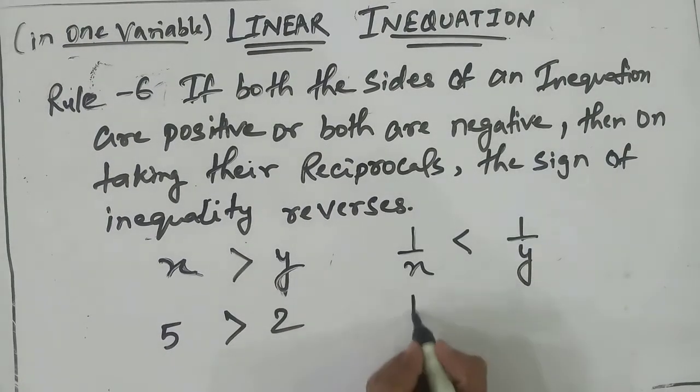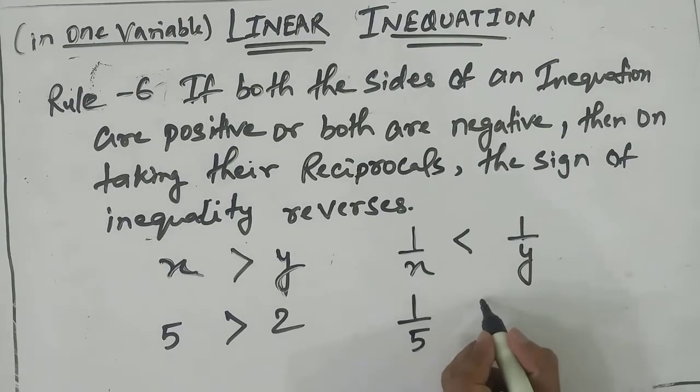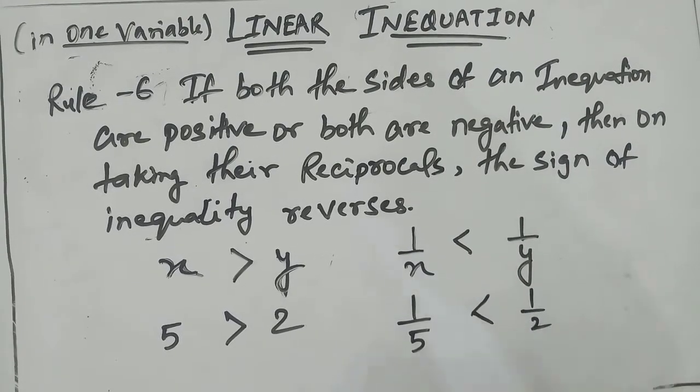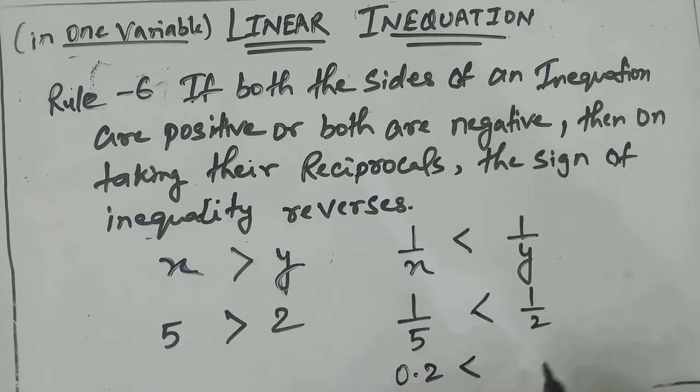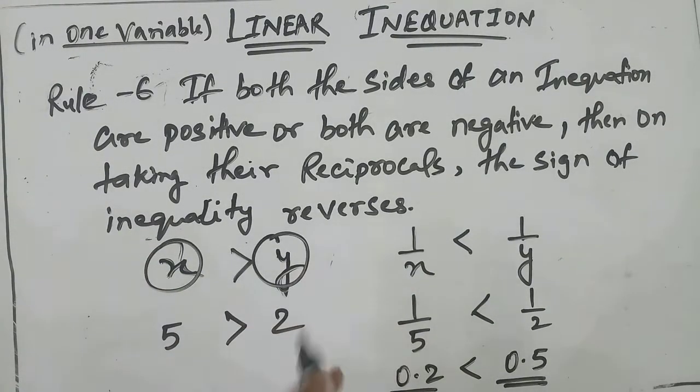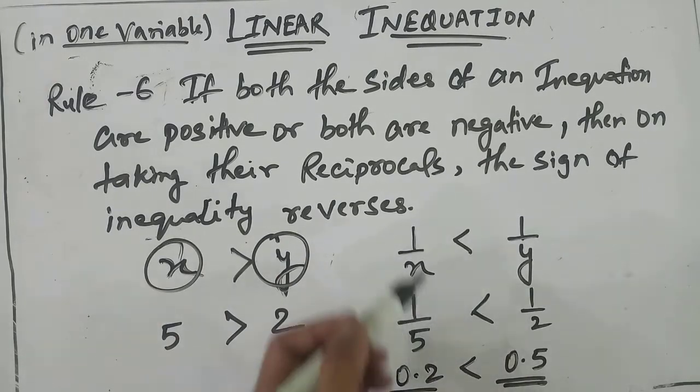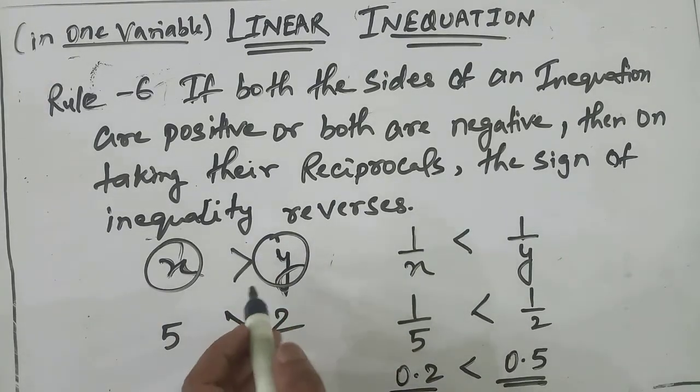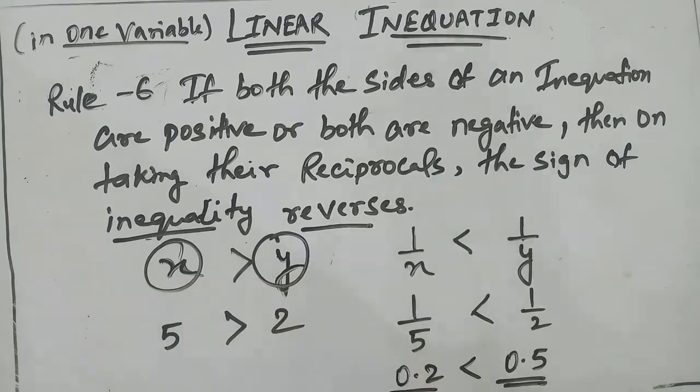If we take the reciprocal, then 1 upon 5 will be less than 1 upon 2. We can check also. 1 upon 5 is 0.2 and 1 upon 2 is 0.5. So here we can say that 0.2 is less than 0.5. Similarly, if x and y are both negative, the condition is the same. When we take the reciprocal, the sign of the inequality reverses.